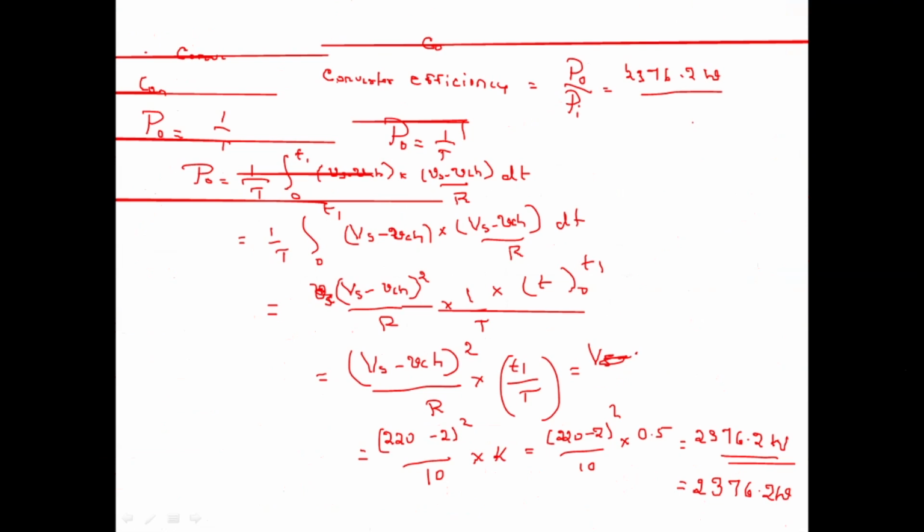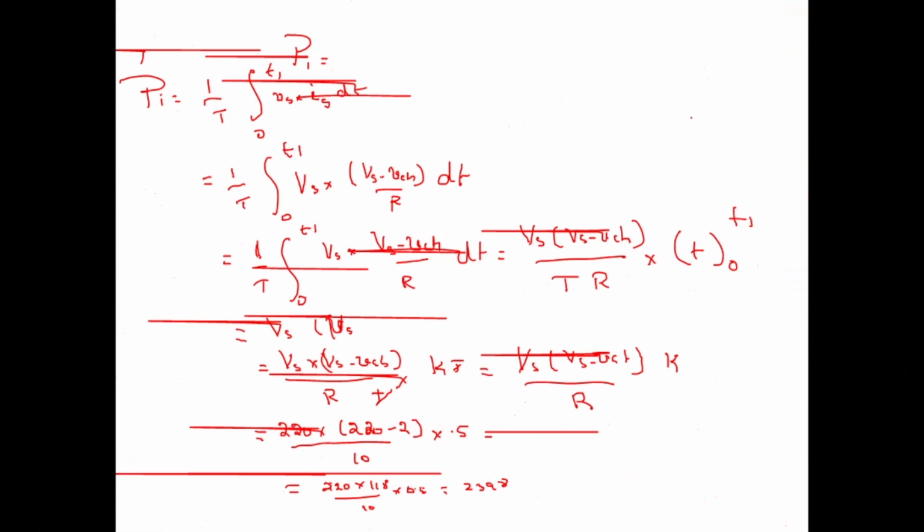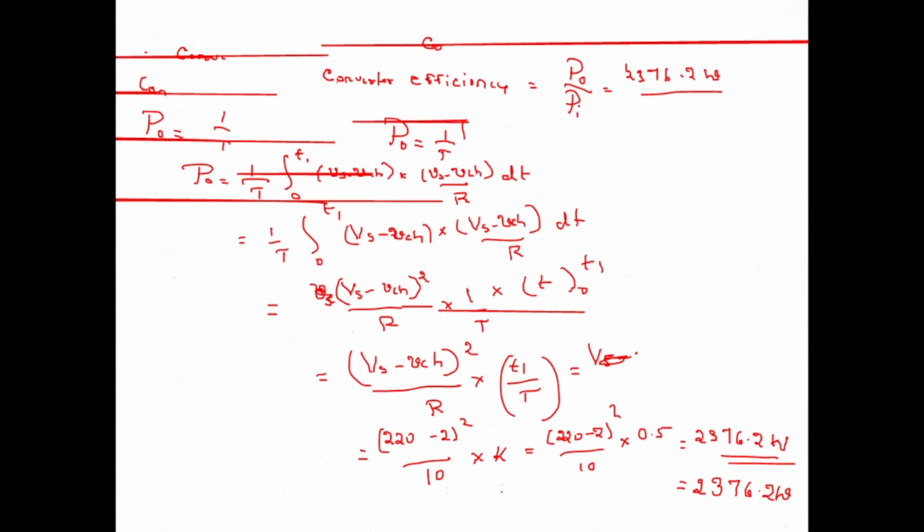What is Pi? 2398, we have already calculated here. So this is the converter efficiency formula. So it is how much? 99.09, because you got 0.9909. So this is in percentage, we can call it like this. This is the converter efficiency.